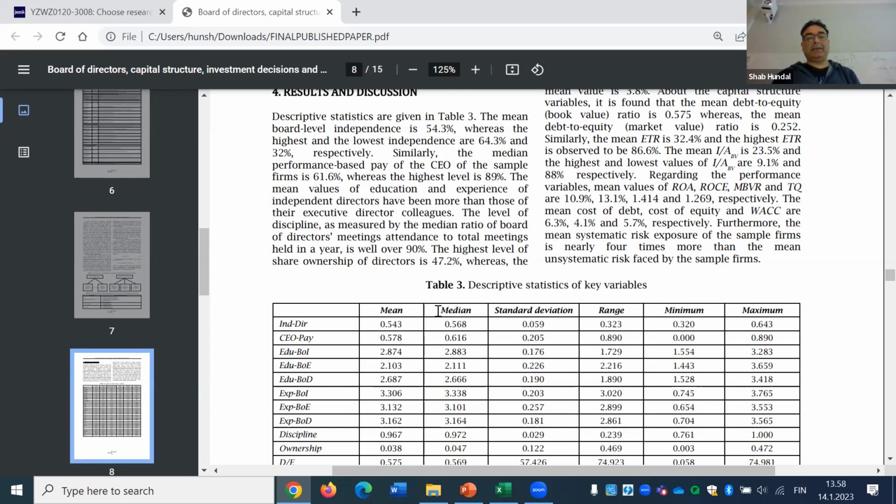There is a mean, there's a median, there is a standard deviation, there's a range, minimum, max. So these are very, very basic calculations. So it's like a curtain raiser. Before I do deep down analysis, I want to introduce what are the basic characteristics of my data. That is called descriptive statistics.